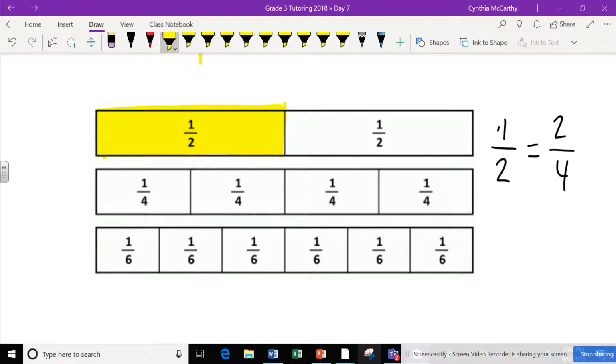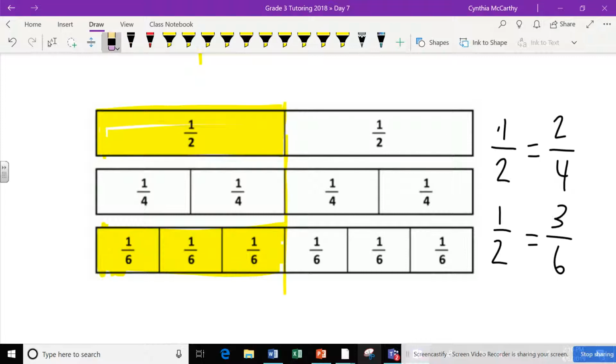Again, if I follow this line straight down and I shade going across, I can see that 1/2 is also equivalent to what? Think. How many sixths? You're right, 3/6. I can write that like this. 1/2 is equivalent or equal to 3/6.